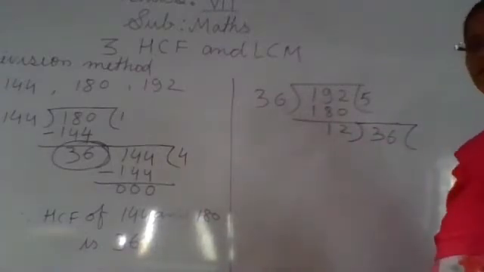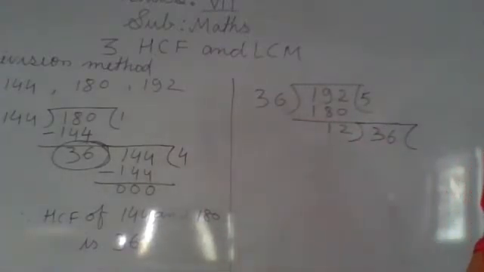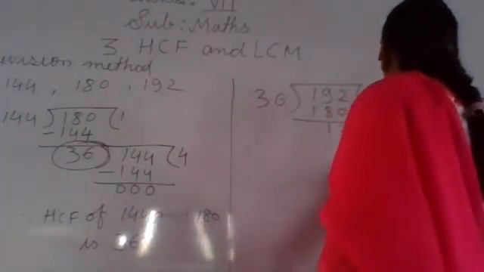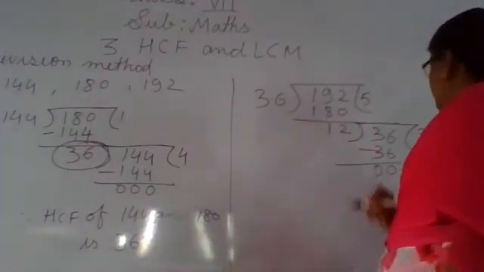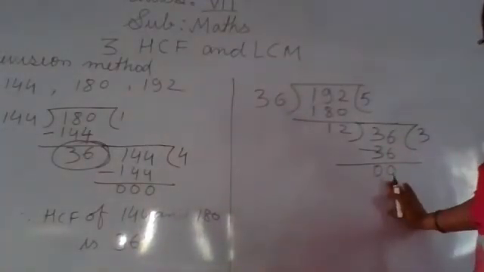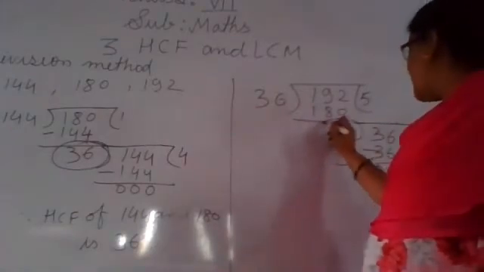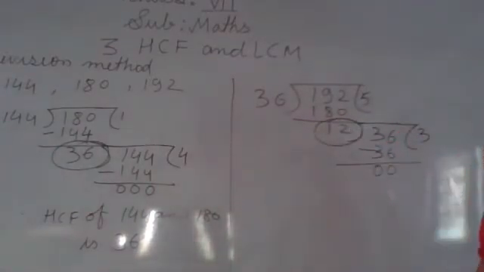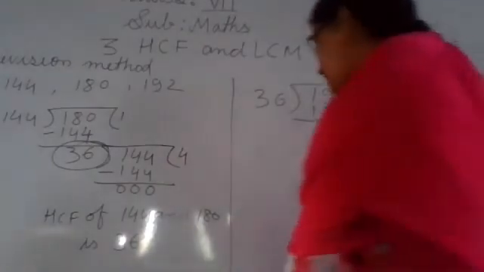Okay, 12 ones are 12, 12 twos are 24, 12 threes are 36. 36 minus 36, 0. So see, our remainder becomes 0. So what is the HCF? This divisor is the HCF.